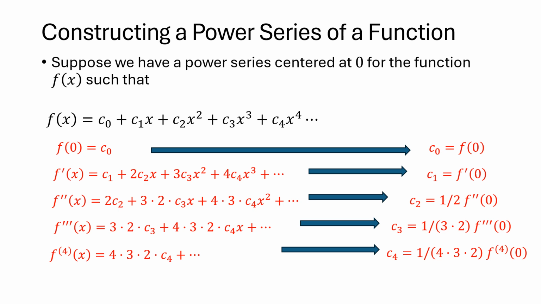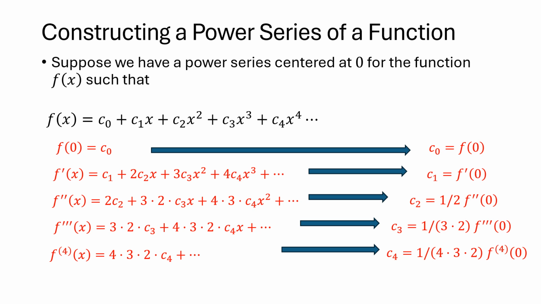To eliminate the suspense, 4 times 3 times 2 times 1 is 4 factorial. Now, 0 factorial is 1, so we didn't need to write 1 over 0 factorial for c0 because 1 over 1 is boring. Similarly for c1, 1 factorial is 1, and again, you could write 1 over 1. At the same time, 1 over 1 is not necessary to write.